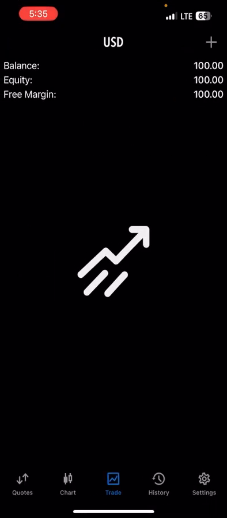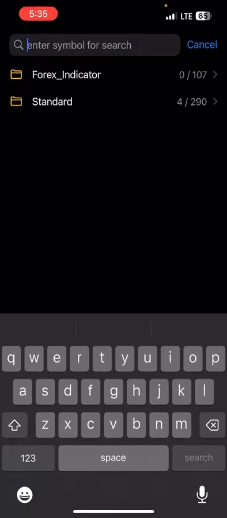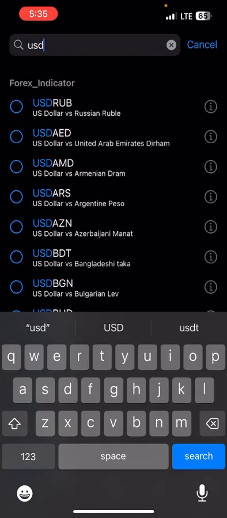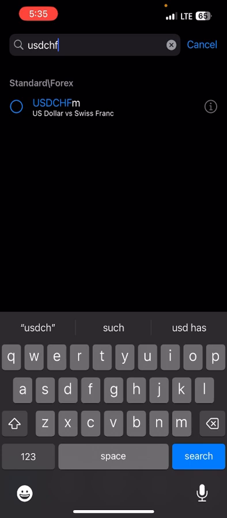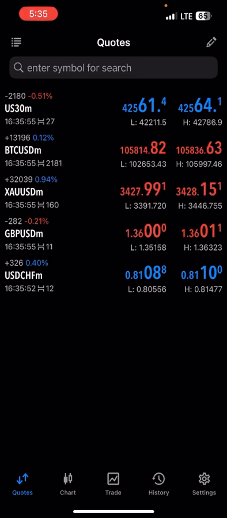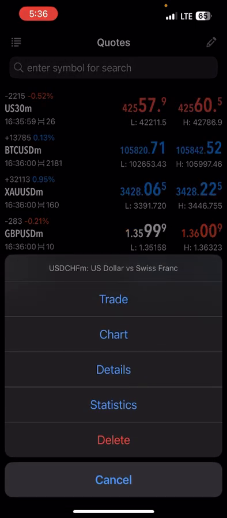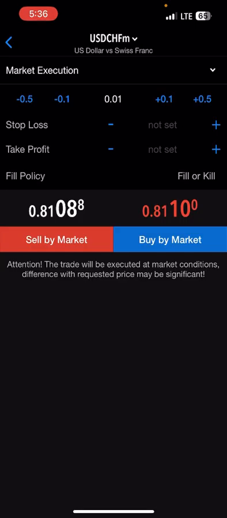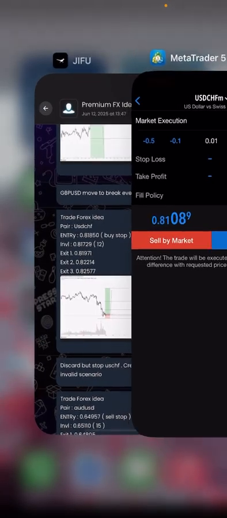So I go to my quotes page, I search for USD CHF. I click on it, I click cancel, and it's already on my quotes page. So I click on it, I hit trade, and then let's go back and check the other type.